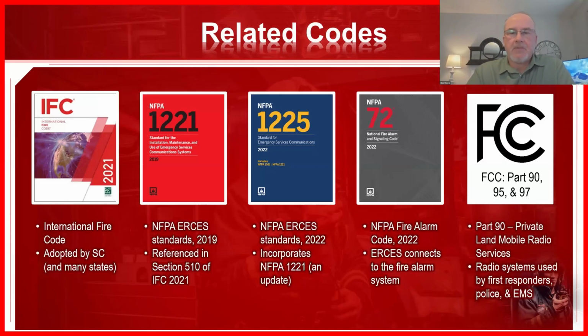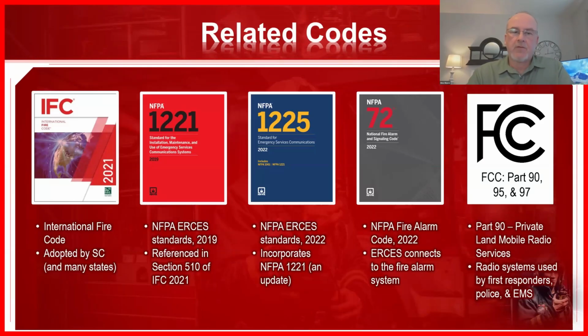Now, South Carolina has adopted the International Fire Code and made some changes to it. IFC 2021 made some changes and put it out as their own fire code. In that, the IFC 2021 refers to two specific codes that deal with Public Safety BDA.